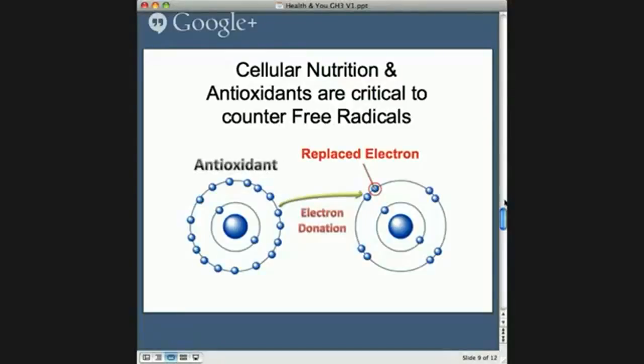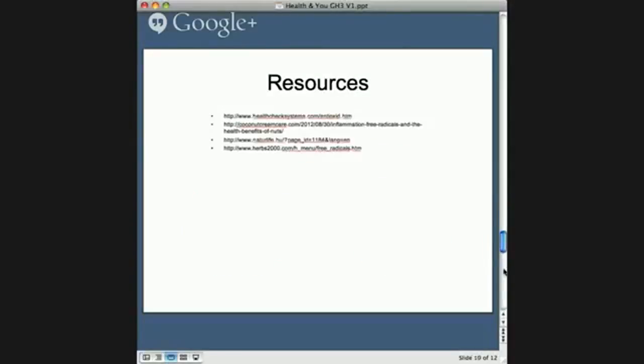Then that balanced cell is no longer a free radical, and is able to return to its regular function or to be excreted from the body. So it's no longer a menace, it's no longer causing a problem. Antioxidants don't have this issue of needing to get to 8 because they're already balanced, and their structure is such that they can donate electrons to other molecules and cells.